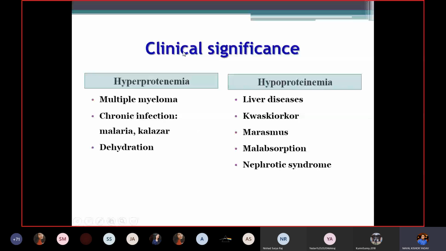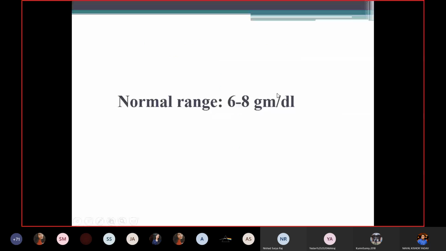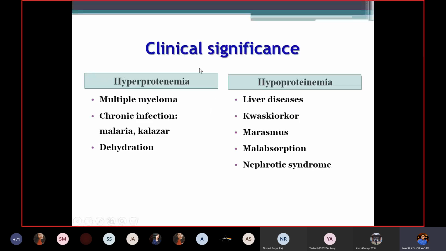Hypoproteinemia: liver disease, kwashiorkor, marasmus, malabsorption, and like this you have to mention. These 4 headings you have to mention: 1 mark principle, normal range 1 mark, and 2 marks for clinical significance, total 5 marks. Okay.